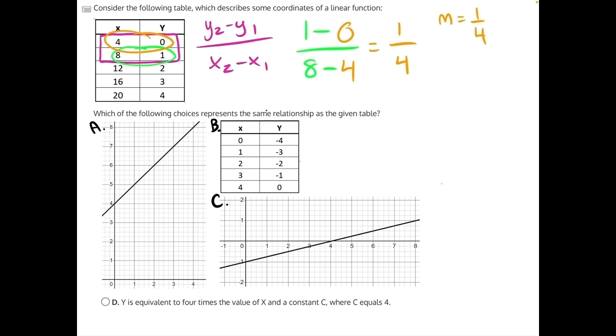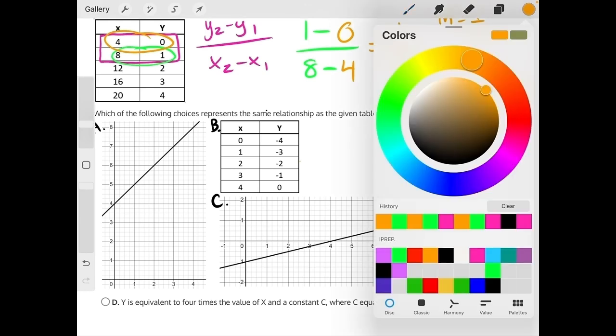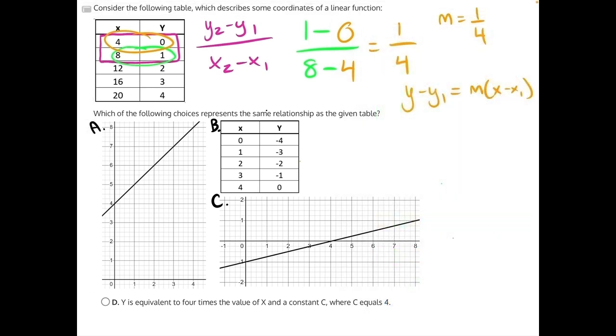Now we need to use our point slope formula. Y minus y1 is equal to m times x minus x1. And in this case, I would recommend that you pick a coordinate point that has 0 as your y value. And in this case, we do have one of those, which is 4, 0. So I'm going to use that point.